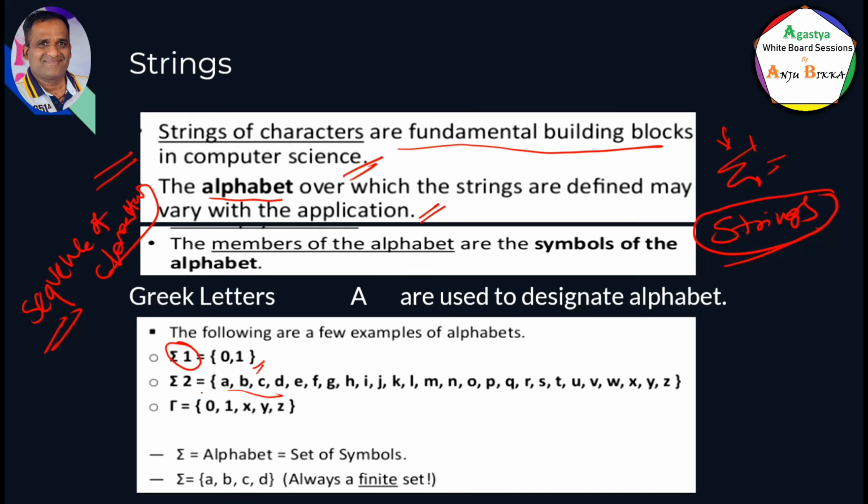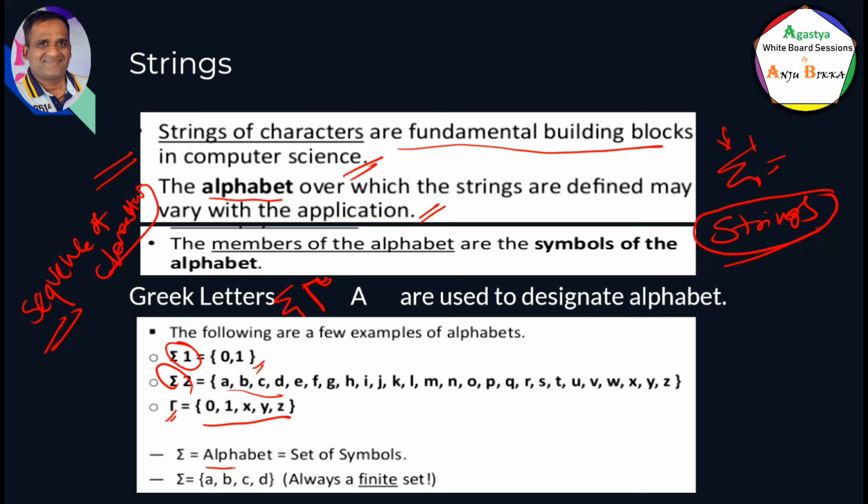We also use two Greek symbols, sigma and another, to denote alphabets. These are symbols of this alphabet.